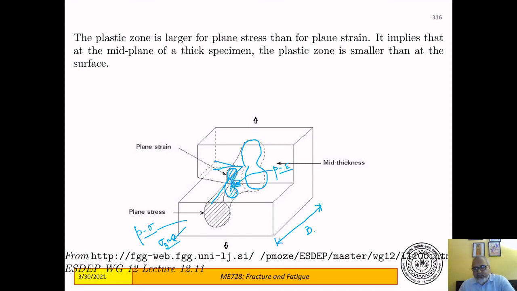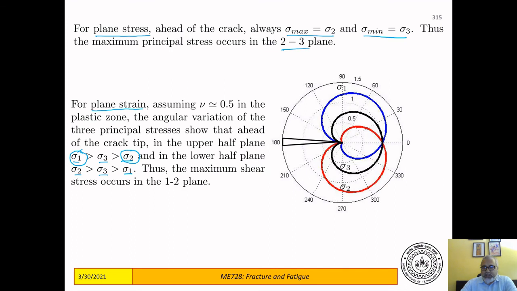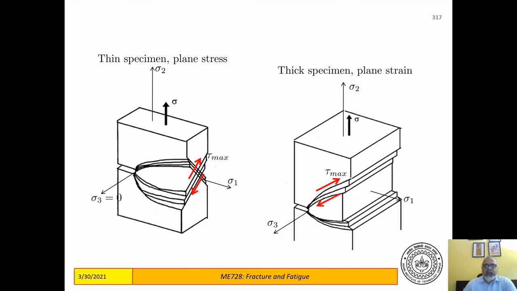The other deduction that you can make is what we learned from here, that in plane stress, the maximum shear stress according to Tresca occurs in the 2-3 plane, whereas in plane strain it occurs in the 1-2 plane, and therefore the yielding will occur along these planes of maximum shear. In plane stress, which is for specimens of small thickness, yielding will occur along the 2-3 plane in these directions, whereas in plane strain it will occur in the 1-2 plane in these directions.